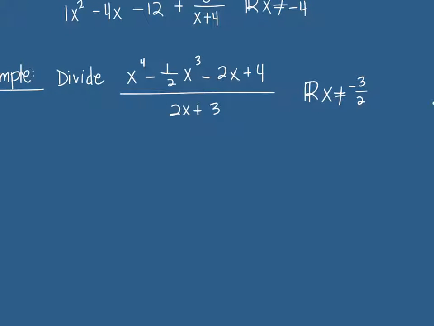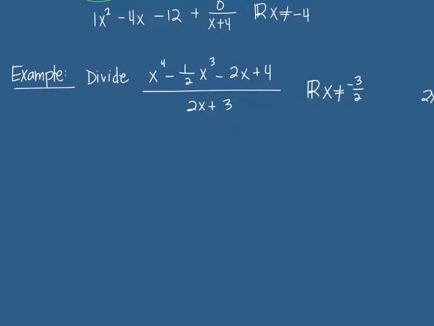Okay, so then that means we set up our division. Negative 3/2 is going to be on the outside, and it's okay. I wanted to show you how it works with a fraction. So 1 comes first, then negative 1/2, then I need a 0 placeholder, and then negative 2, and then 4.